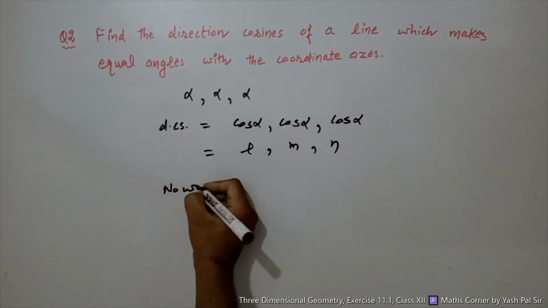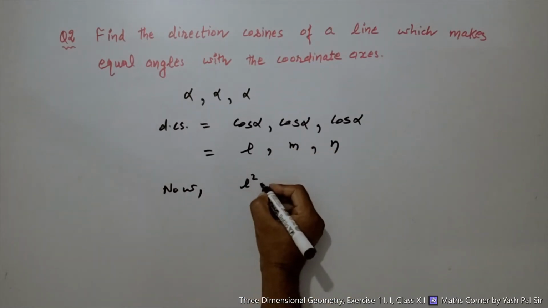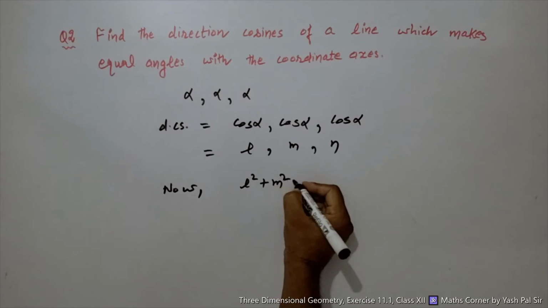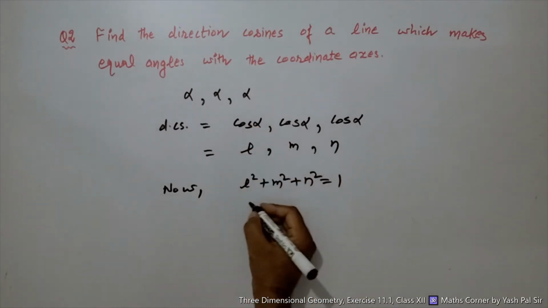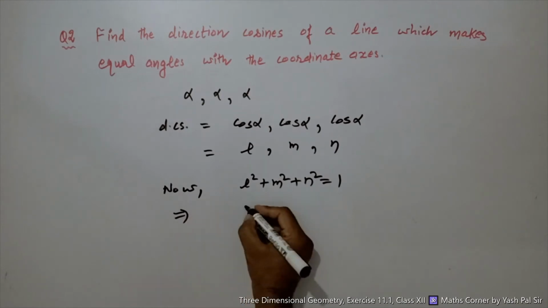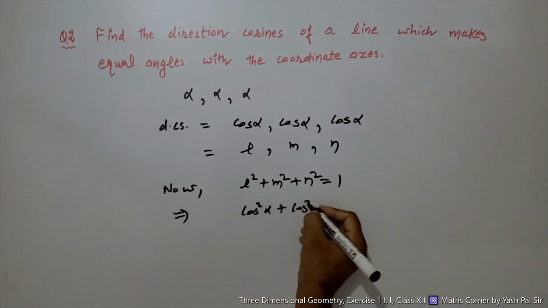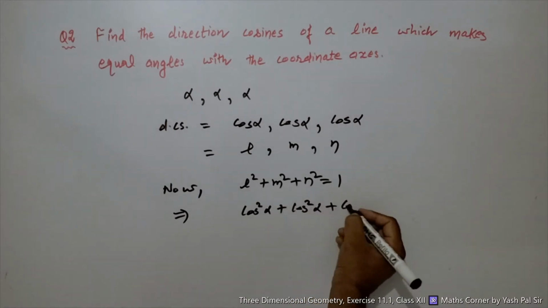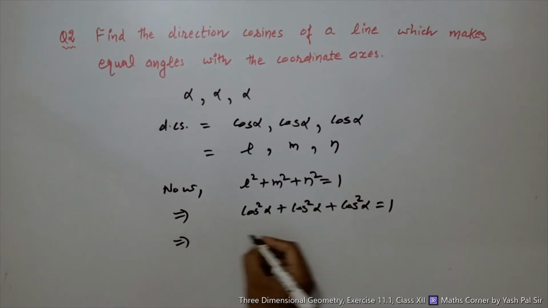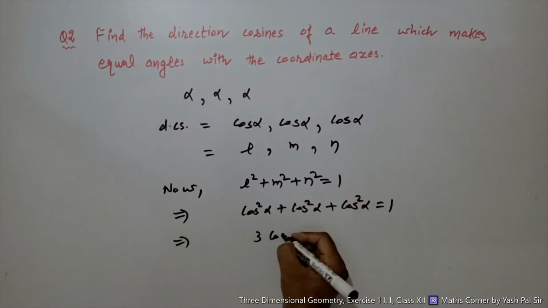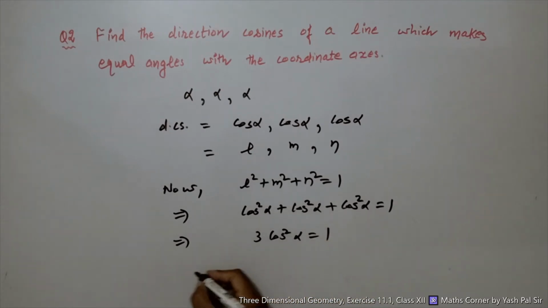Now what we know, the condition of direction cosines, this is l square plus m square plus n square equal to 1. So this way we have cos square alpha plus cos square alpha plus cos square alpha equal to 1. That means 3 times cos square alpha is equal to 1.